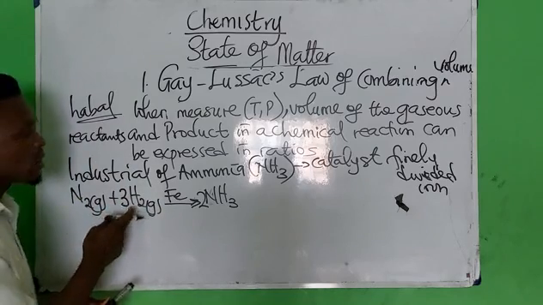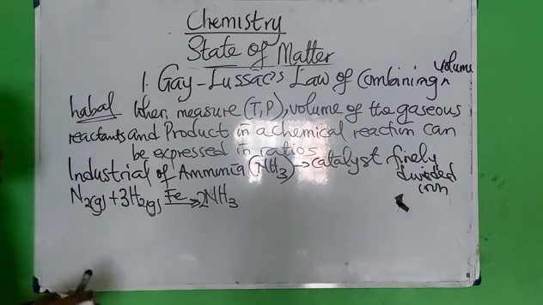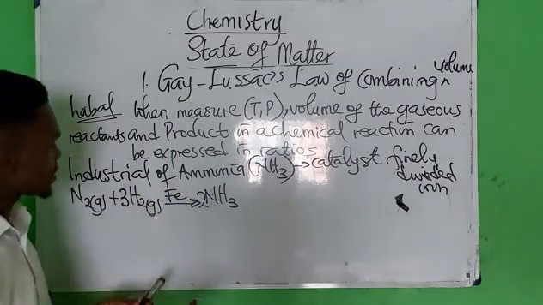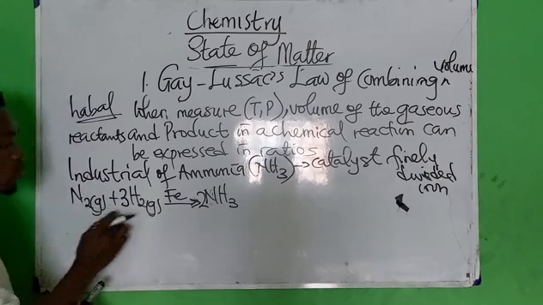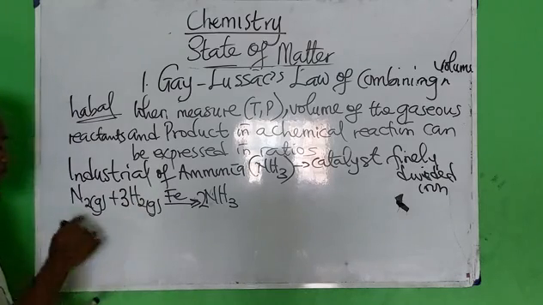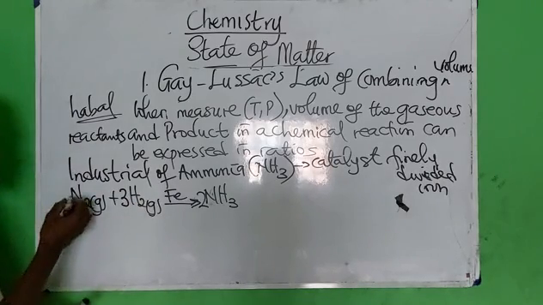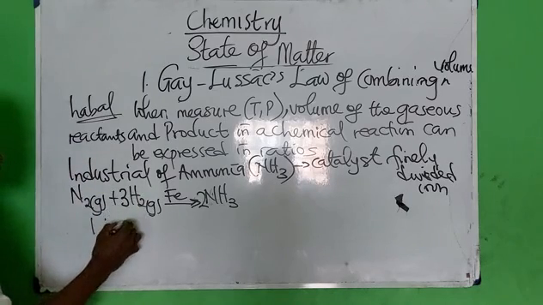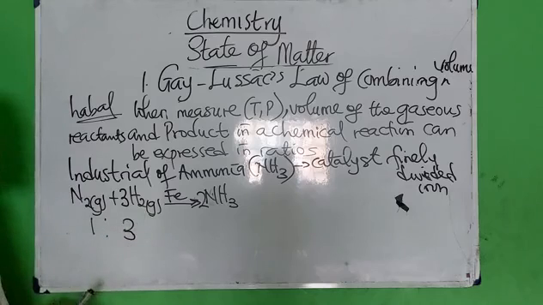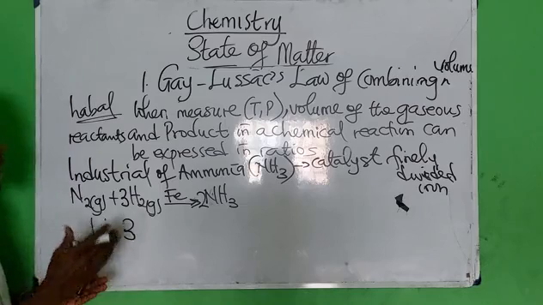Based on Gay-Lussac's law, which expresses the moles in the form of what? Ratio. How many moles do we have here? 1. How many moles do we have here? 3. You do not say 6. You don't say 2 times 3 is 6. No. The moles are the ones at the back of the elements or products.